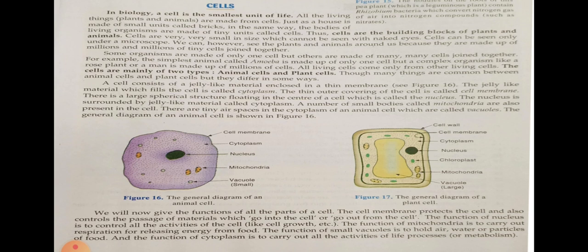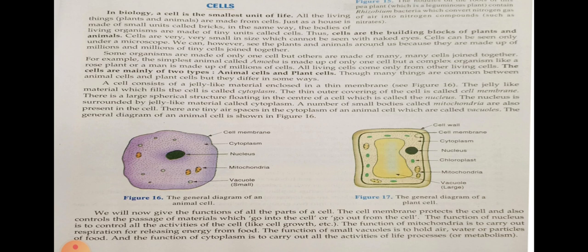You see a rose plant, a human being, made up of millions of cells. These cells are mainly of two types: animal cell and plant cell. Many things are common between animal cell and plant cell, but they differ in some ways.